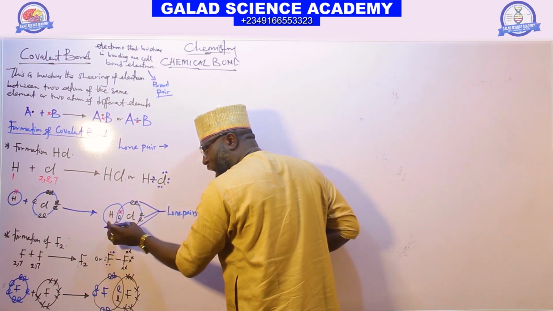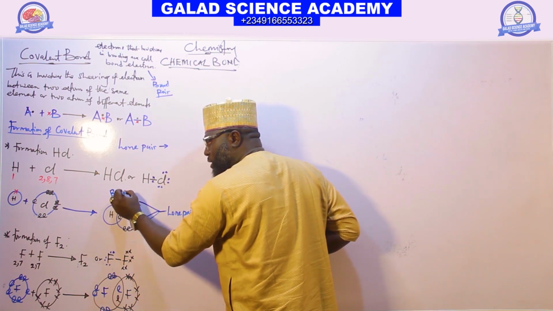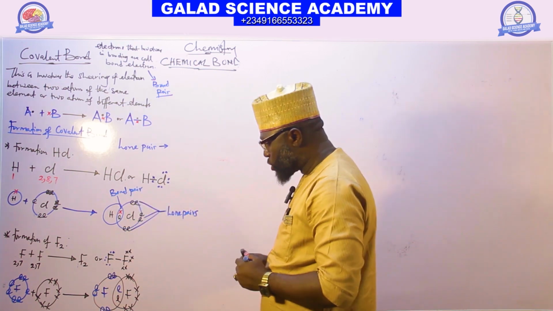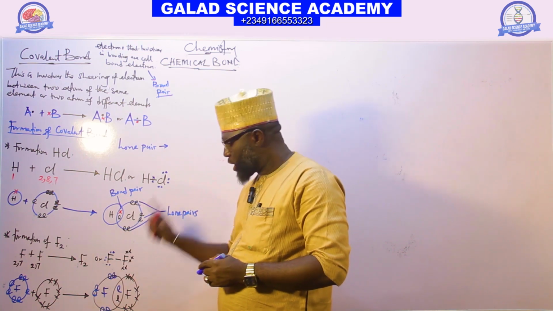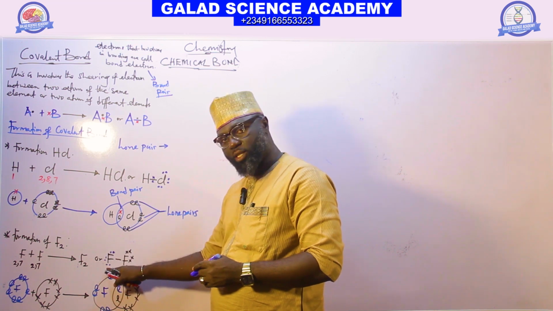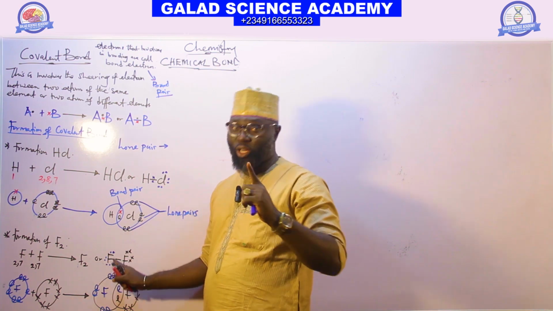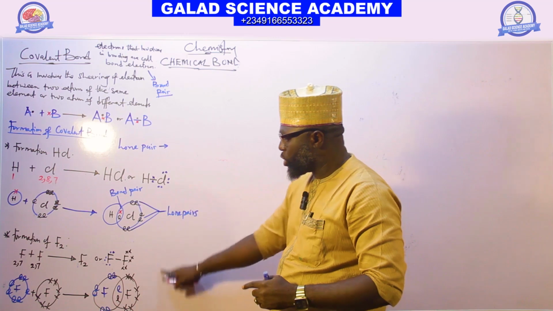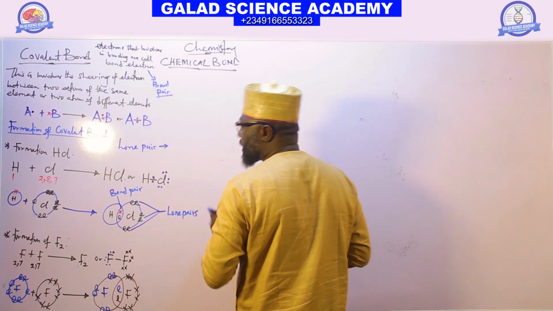But the one in the middle here, which is involved in bonding, we call a bond pair. So in this fluorine molecule, we have 6 lone pairs: 1, 2, 3, 4, 5, 6. But we have 1 bond pair. Any electron involved in bonding is called a bond pair.